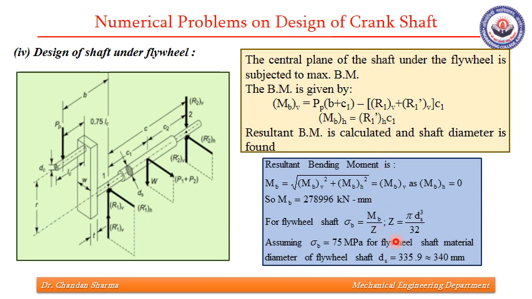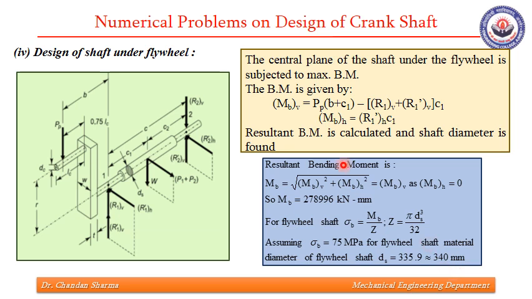We'll find the shaft diameter for the case when the crank is at top dead center, that is assuming a single load PP at the crank pin, and then we'll check this for the induced stresses for the given case, that is when the crank is at an angle of 30 degrees.